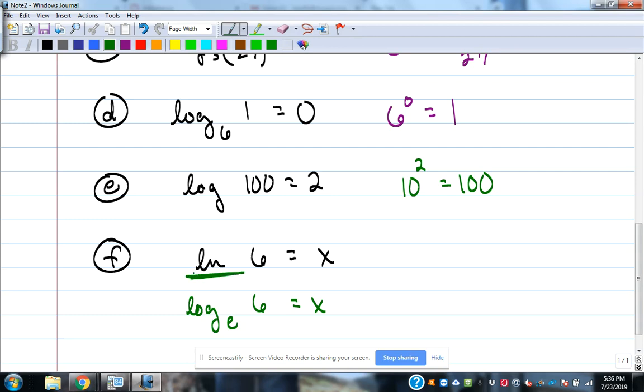This is the way you'll see it all the time, natural log. But understand that natural log is just shorthand for log base e, with e being that exponential number that we used in continuous interest, 2.71 and some change. That's what e is. So if I rewrite this as an exponential, it'd be e to the x is equal to 6.